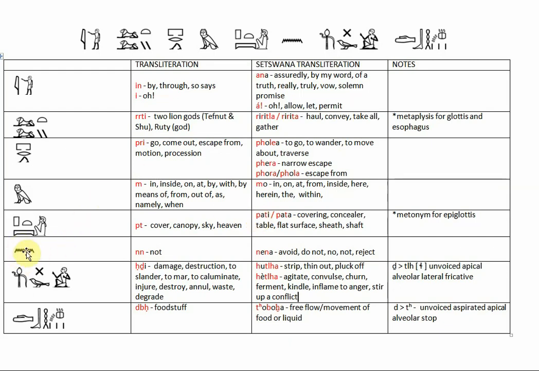Next up, we have touched on this, nen, which means not, nena, which means avoid, do not, no, not, reject. And then we have this set of glyphs. It's a Ureus snake, which is called Aje.